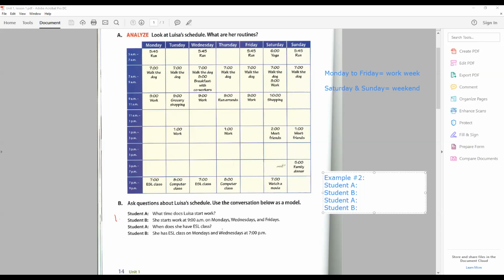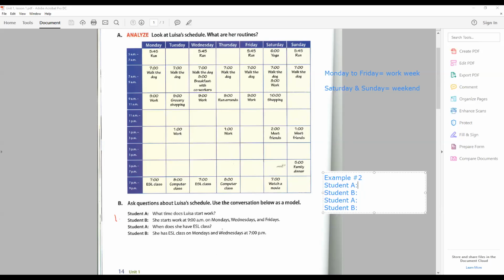Okay, and I want you to use the information from the schedule to make a new conversation. Okay, so for example, they talk about work and they talk about ESL class.